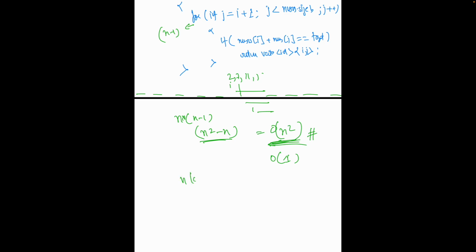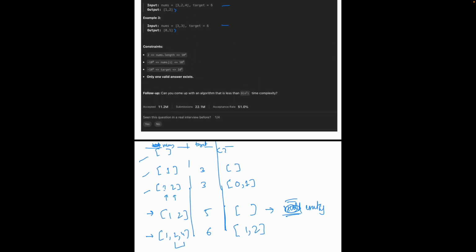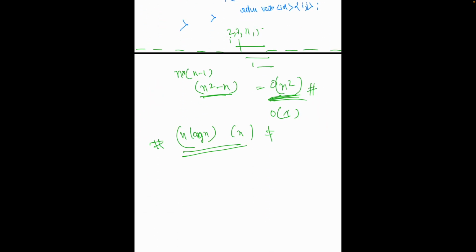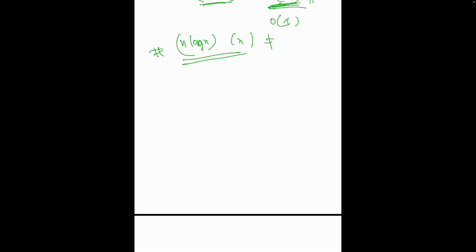You have to do it in big O of log n or big O of n. These are the two things that are smaller than n squared. If you can do a question in this, it's a good way. So the way I do it in big O of n is, let me take another pen here, this method. I like to use a hash map.